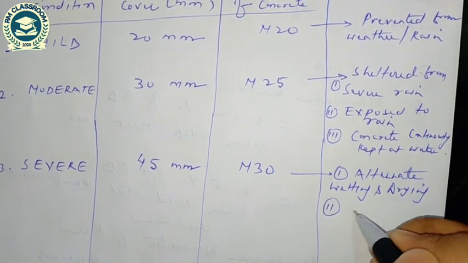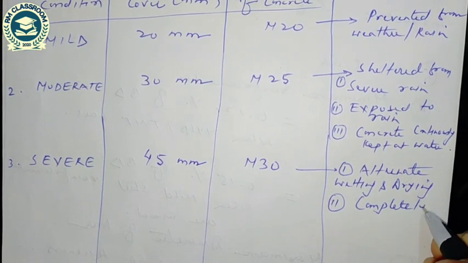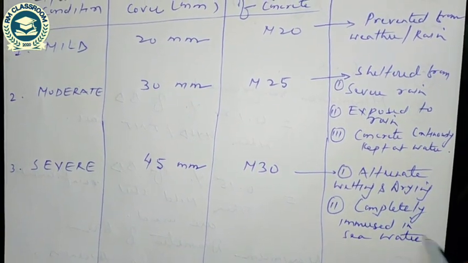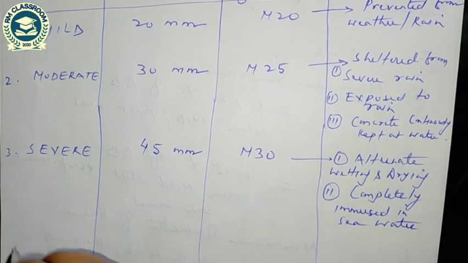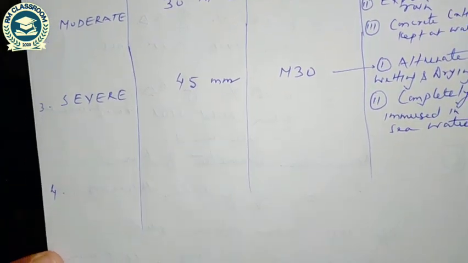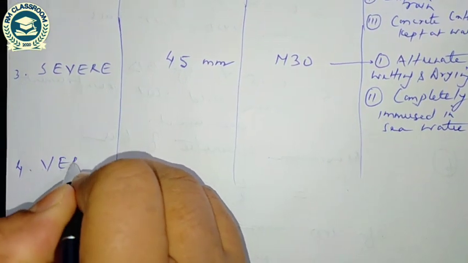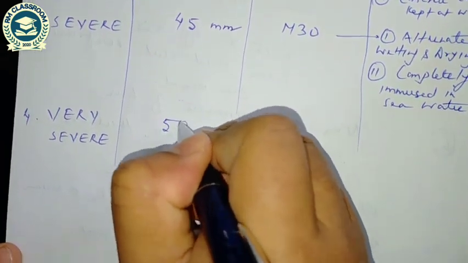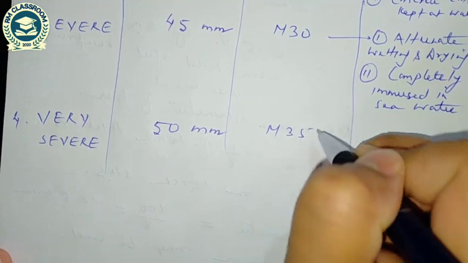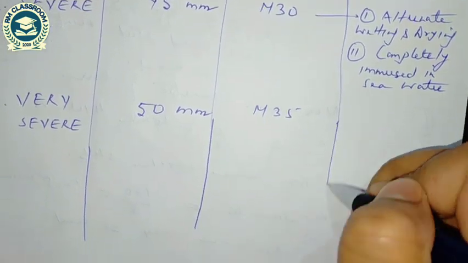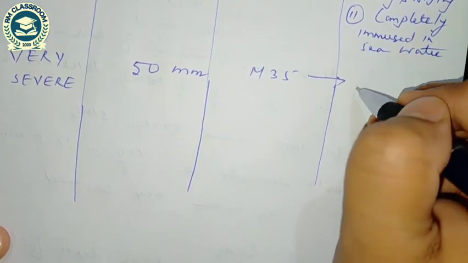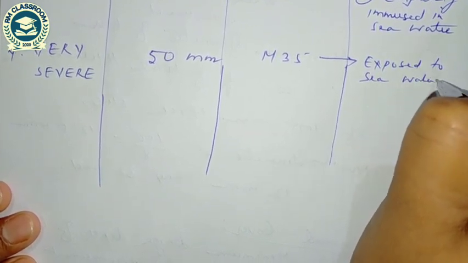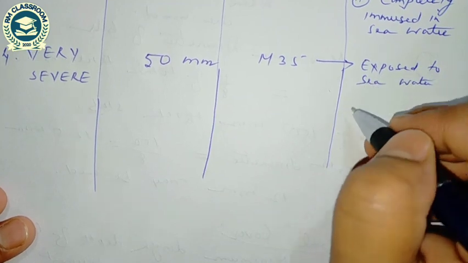Severe means alternate wetting and drying and completely immersed in seawater. Then very severe: the minimum nominal cover is 50 mm and the grade of concrete is M35, for concrete exposed to seawater, severe freezing and thawing.